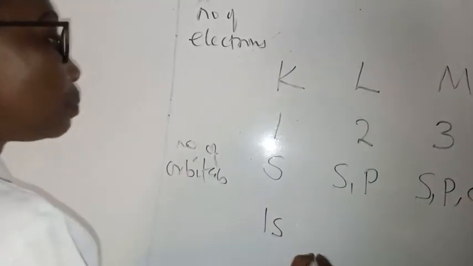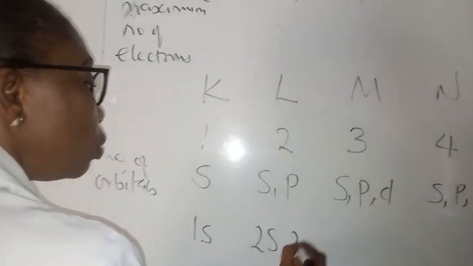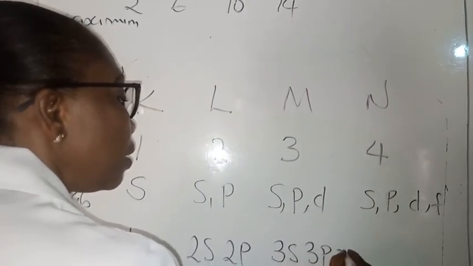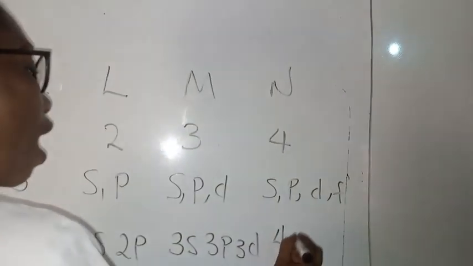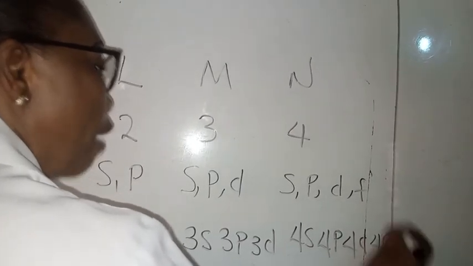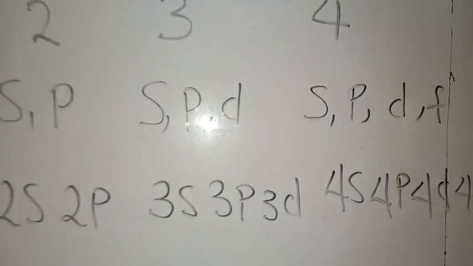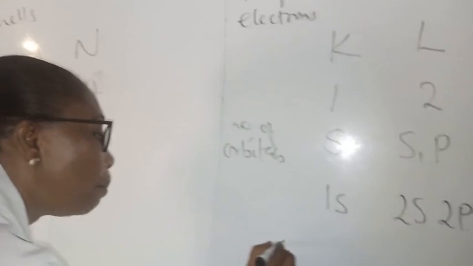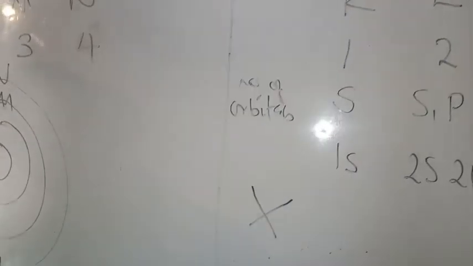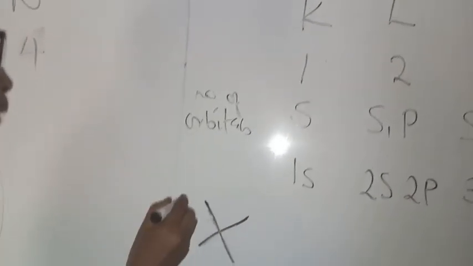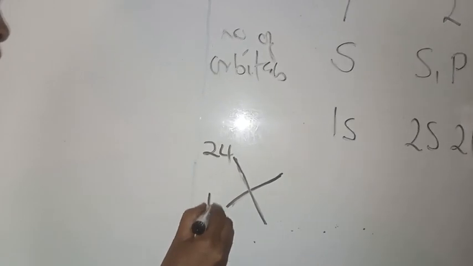So we can now combine to get 1s, 2s, 2p, 3s, 3p, 3d, 4s, 4p, 4d, and 4f. Assuming you were asked to write the electronic configuration of an element given by the symbol X, with mass number 24 and atomic number 12.